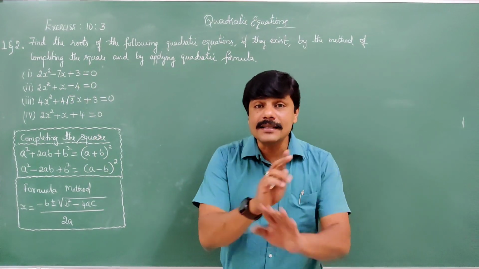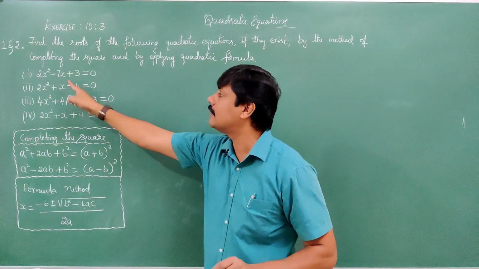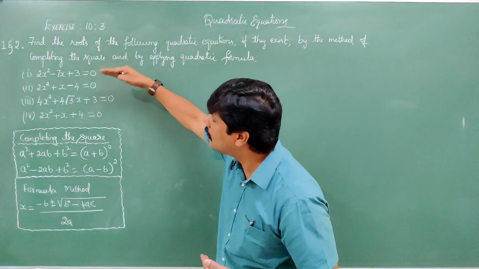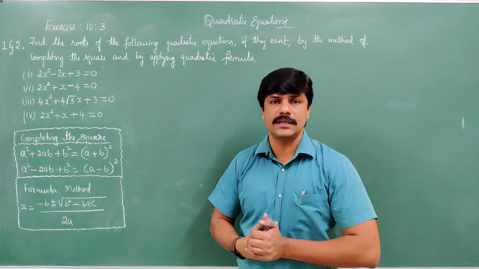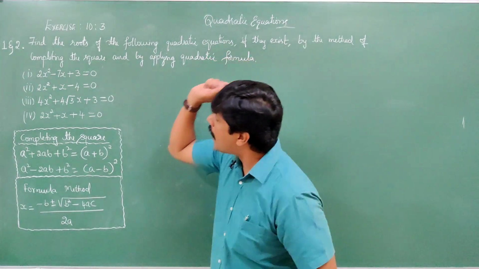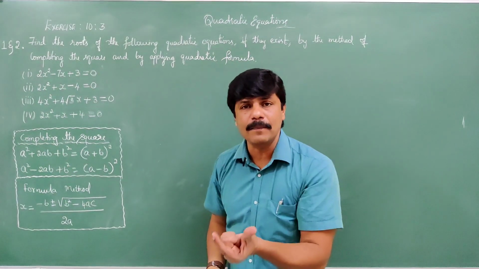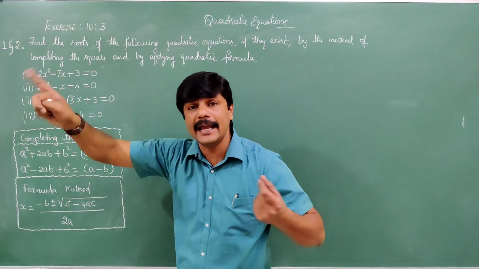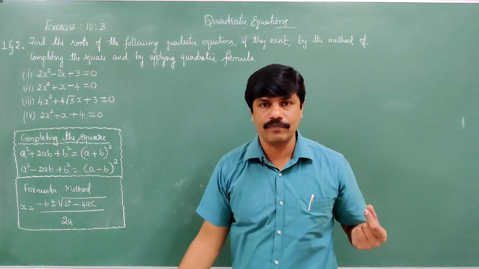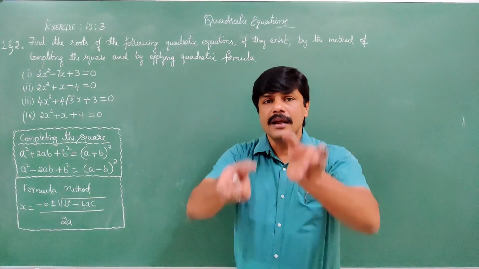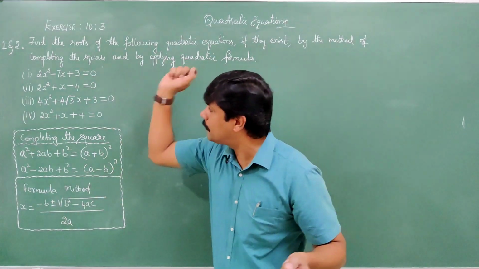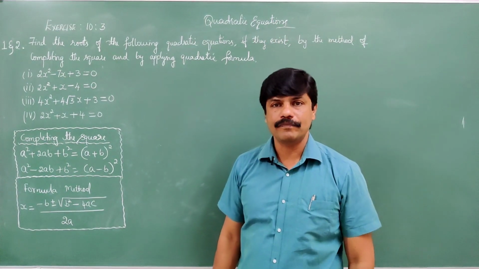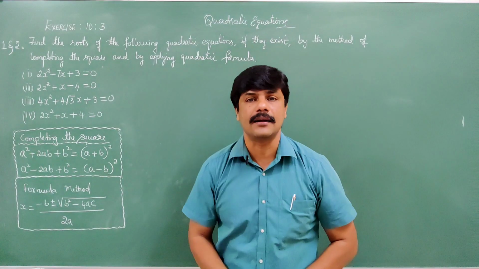It is limited to only a few quadratic equations where it is possible to split the middle term by two factors obtained from multiplying a x square into c. If two such factors exist, then factorization can be applied. But otherwise it is not possible.